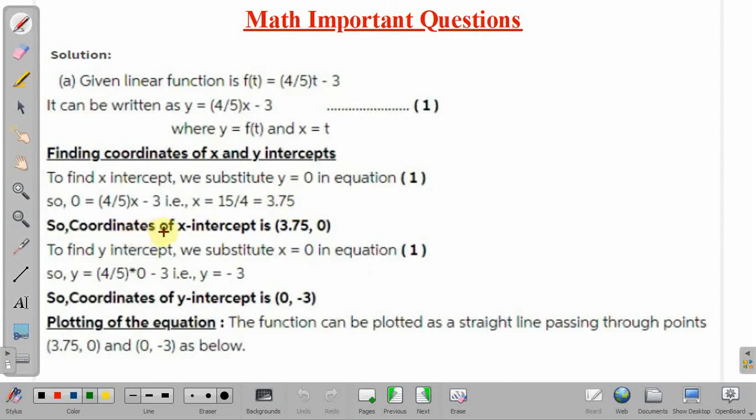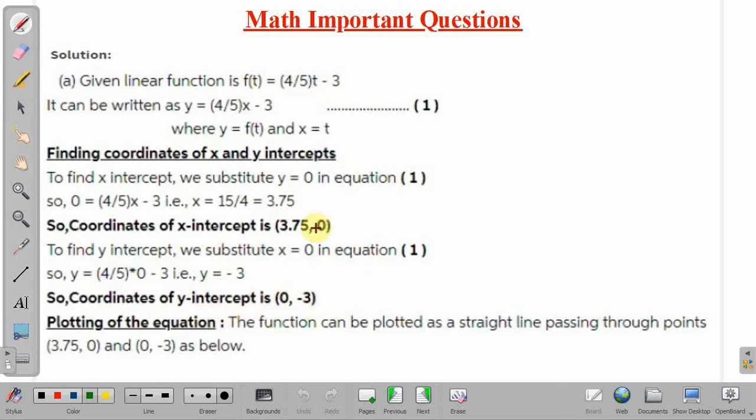So coordinates of x intercept will be (3.75, 0). Similarly, we can find y-intercept by substituting x equal to 0 in the given equation. So we will get y equal to minus 3, and coordinates of y-intercept will be (0, minus 3).